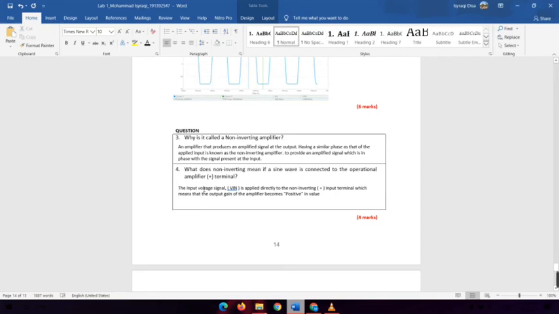For question number 4, what does non-inverting mean if a sine wave is connected to the operational amplifier plus terminal, the positive terminal? The input voltage signal Vin is applied directly to the non-inverting positive input terminal, which means that the output gain of the amplifier becomes positive in value.